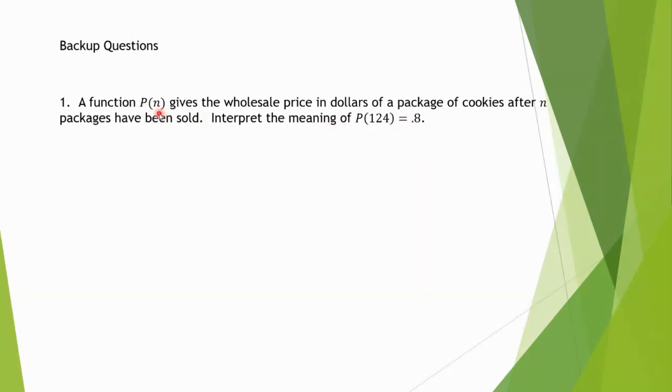Well, if you think about the problem here, our input n is 124, right? Our output is 0.8. By the problem, this is saying once 124 packages have been sold, the wholesale price in dollars of a package of cookies is 80 cents.